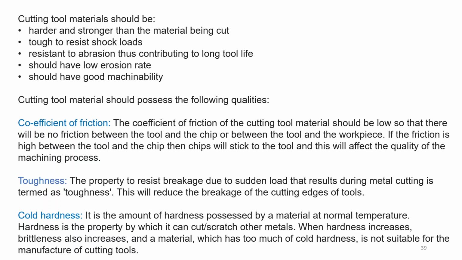It should be tough to resist shock loads. If your material is very brittle and has very little toughness, then it is more likely to break because of shock loads. It should be resistant to abrasion, thus contributing to long tool life. And it should have a low erosion rate, and also good machinability.